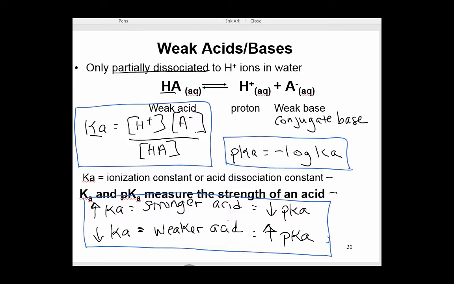So you have to be able to determine whether your acid is going to favor the products more readily and look more like a stronger acid, or favor the reactants and look more like a weaker acid, or more like the protonated state, based on the values of the pKa and Ka. All right, this is essential.